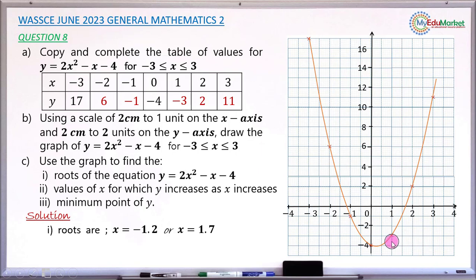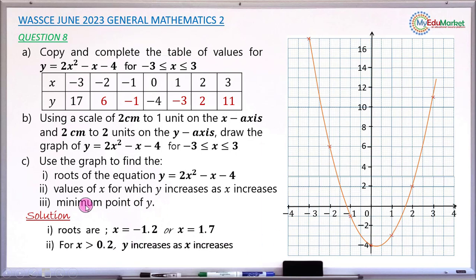It is those values of x for which, as x increases, y also increases. So therefore, we are interested in the value of x. So you now write x greater than 0.2. It is the value of x here at this point where the curve turns up. The value of x there is 0.2. So from that 0.2 up to anything greater than 0.2, if x increases, y also increases. So this is the answer.